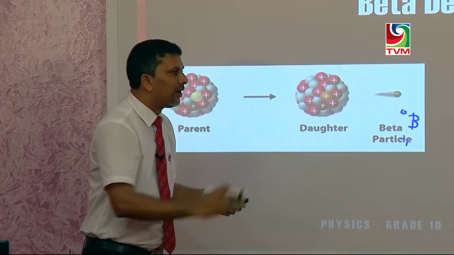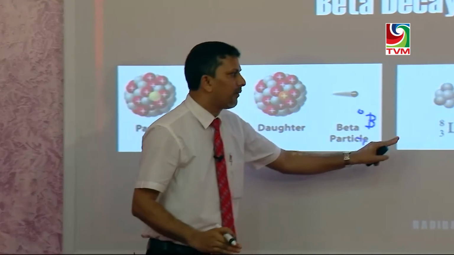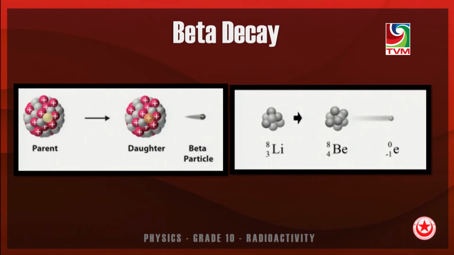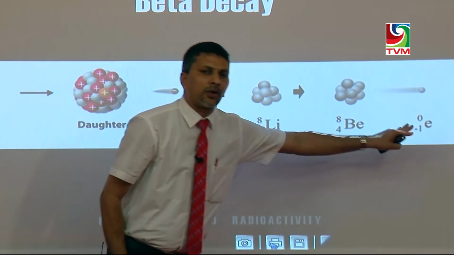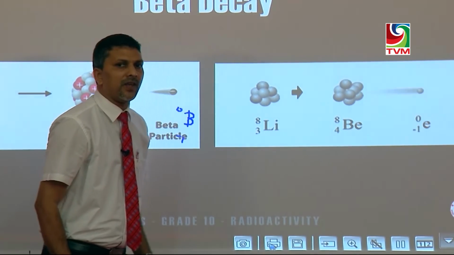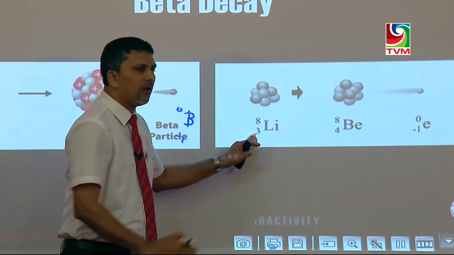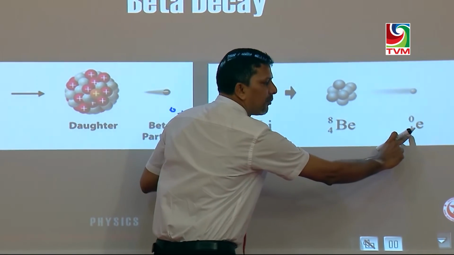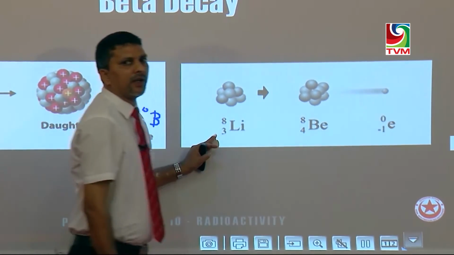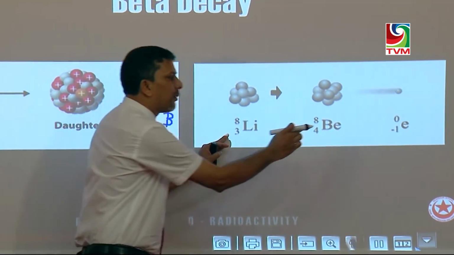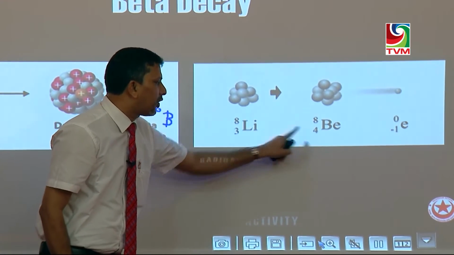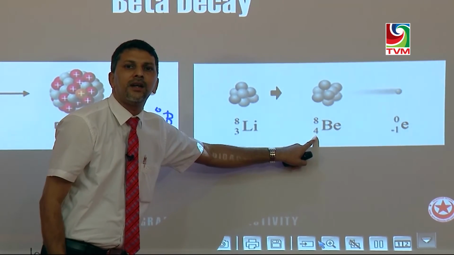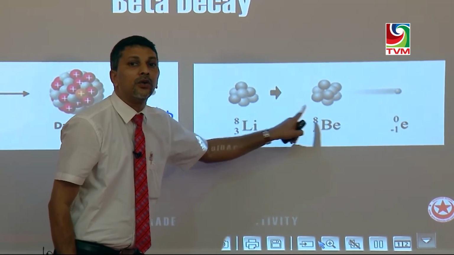With one example, we can check that. Now look, lithium: atomic number is 3 and mass number is 8. From this, one electron, that means one beta particle, is emitted. The beta particle is the same as an electron, -1 and 0. It is emitted. Then what about the new element's atomic number? The new element's atomic number increases by 1 and the mass number has no change.